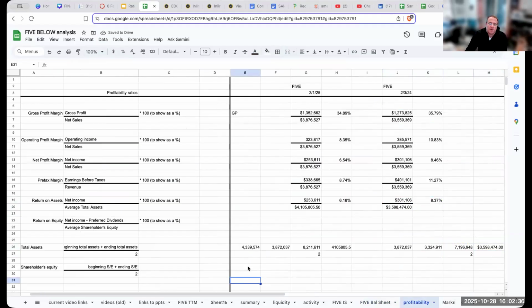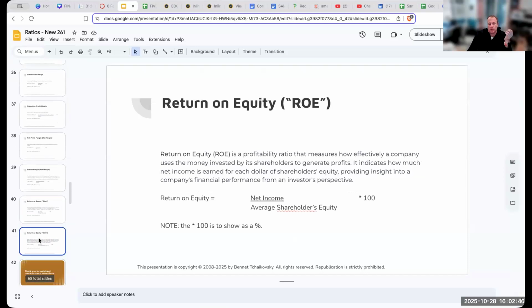Okay. Now going down over here to my return on equity, which is going to be my net income minus preferred dividends. Now, note, most of the time, and this becomes the basis for DuPont, it's a profitability ratio that basically measures how efficiently a company uses the money invested by our shareholders to generate profits, and indicates how much net income is earned for each dollar of shareholders' equity, providing insight into a company's financial performance from an investor's perspective.